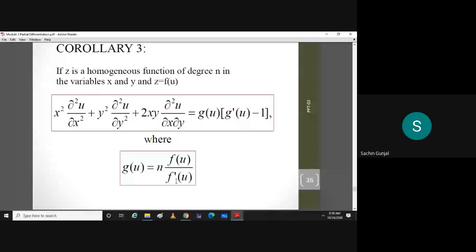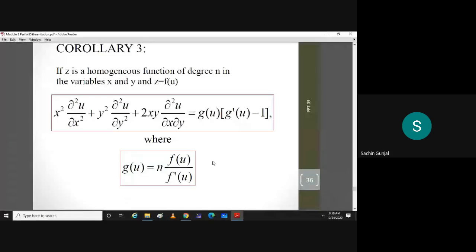So g of u will be minus 1 by 12 tan u. Cosec u will get cancelled, and 1 by cot u is tan u. Correct? Yes, sir. So g of u is minus 1 by 12 tan u.